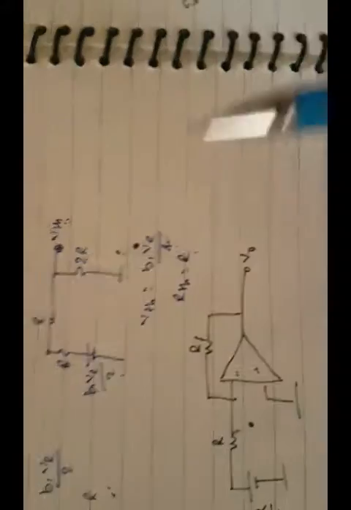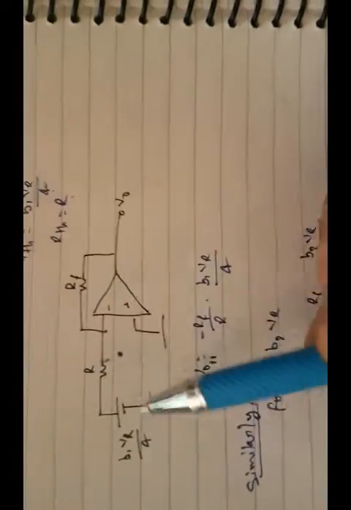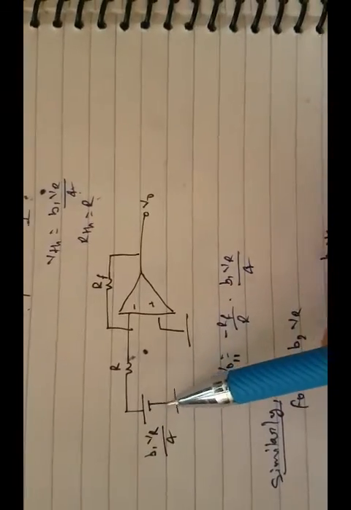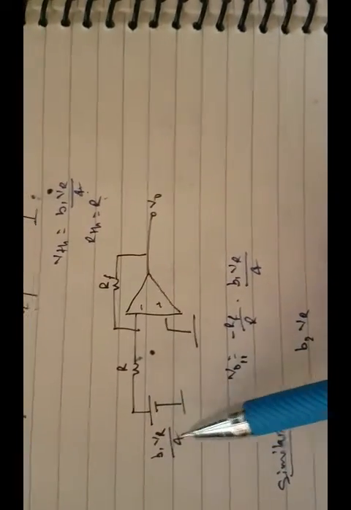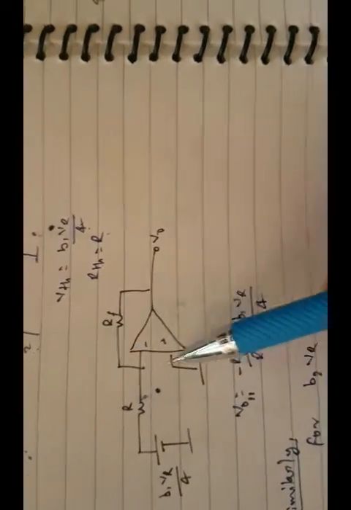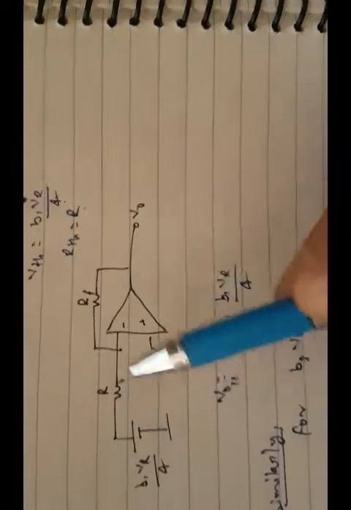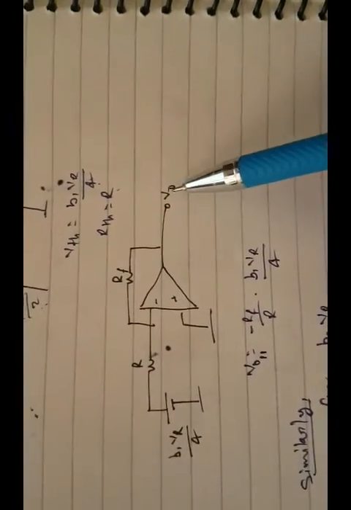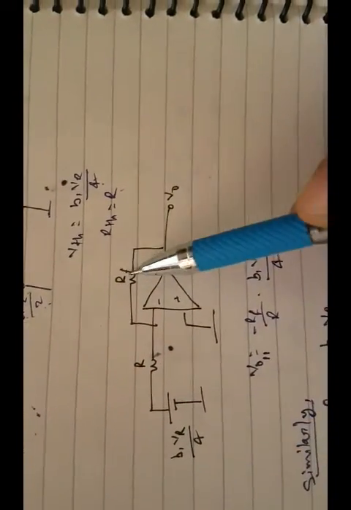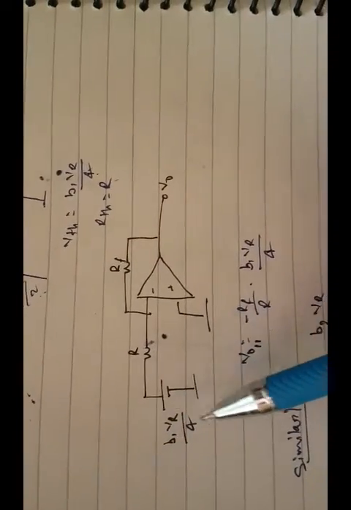Now we put this value in these circuits. Again here this voltage is B1 VR by 4 and equivalent resistance is R. Now this op amp, again this is a non-inverting amplifier. We know the V output for the amplifier is minus RF by R into V input, which is B1 VR by 4.